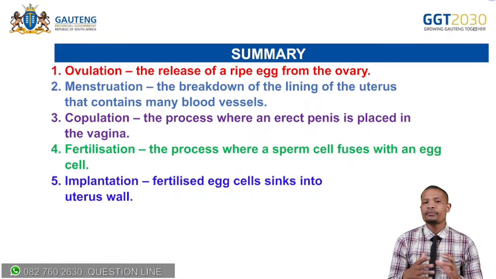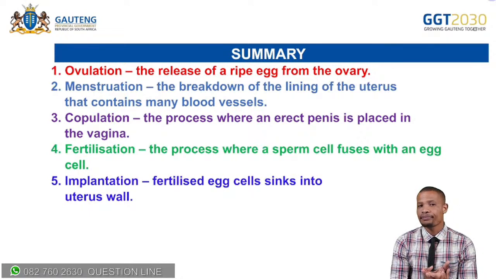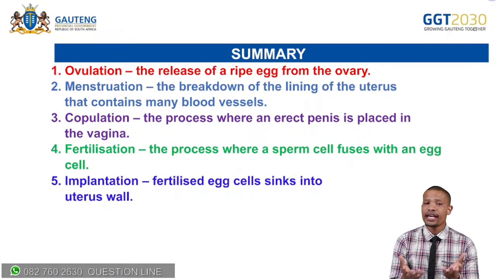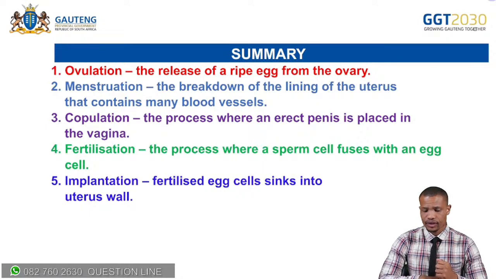Remember we said the walls of the uterus thicken in anticipation for fertilization or pregnancy, right? And should that not happen, there's going to be menstruation where the walls will tear down and come out in the form of menstruation or blood.